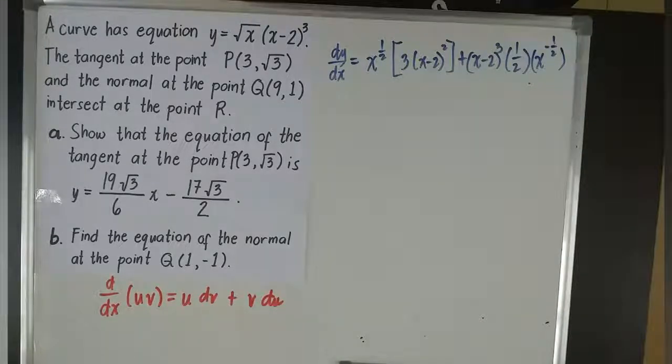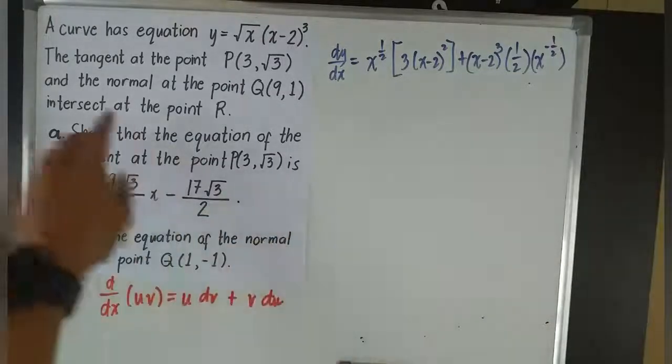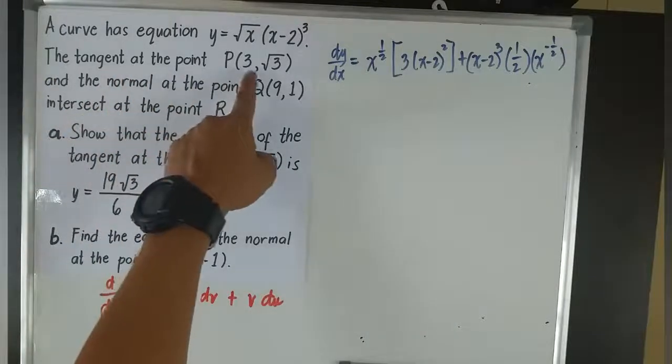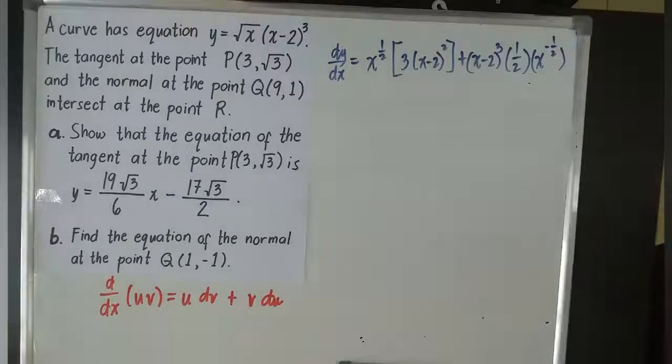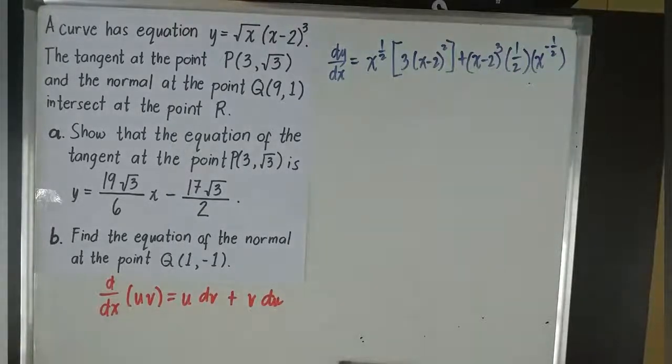Remember, I told you a while ago, we have to remember the gradient of the first, but the gradient of the tangent here at point 3 square root of 3 has nothing to do with the gradient of the normal at point Q. Why? Because you don't have any relationship between those 2 points.